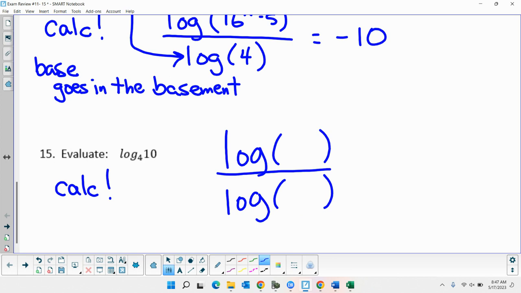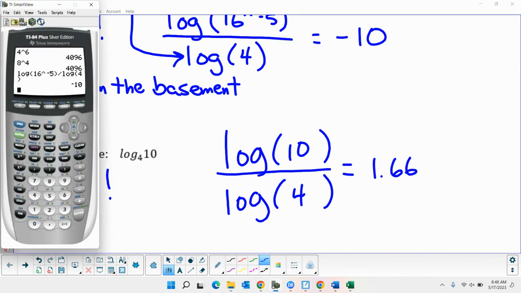Elena, what do I type in? Log of 10 divided by... Thank you. 10 goes to the top, 4 goes to the bottom. What'd you get? 1.66. Is it like repeating? No, this stops.